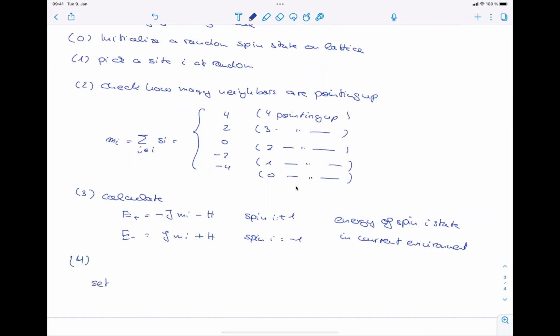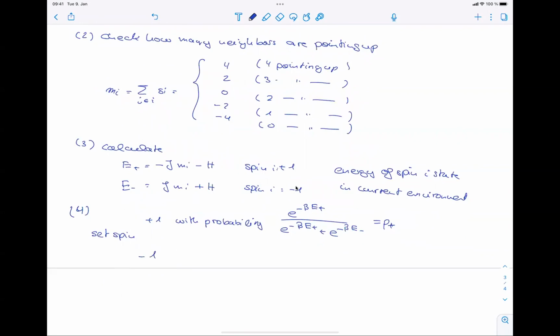And that would be to set the spin i to +1 with probability e to the minus beta E plus over the 2 potential states' probabilities, so e to the minus beta E plus plus e to the minus beta E minus, which gives me the probability to have the spin i in the plus state, or vice versa in the minus state with the probability e to the minus beta E minus, again with the same normalization.